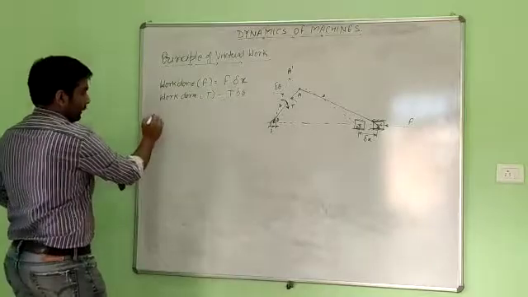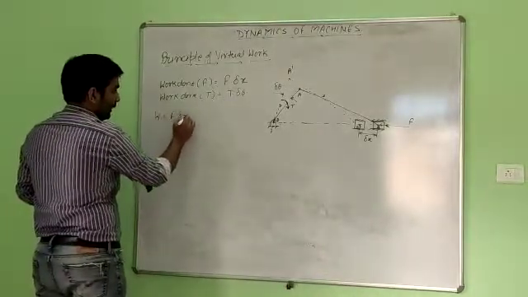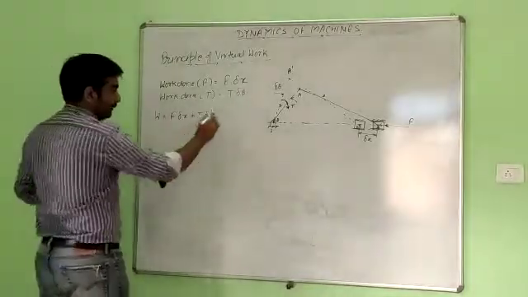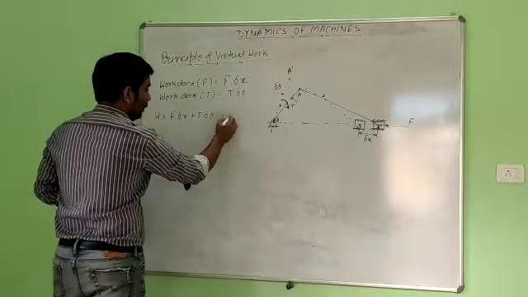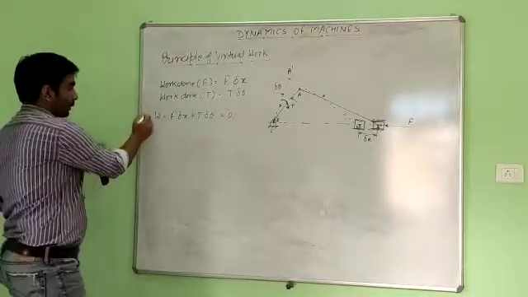The total work W will be F into del X plus T into del theta, and that work will be equal to 0 because of the concept of virtual work.